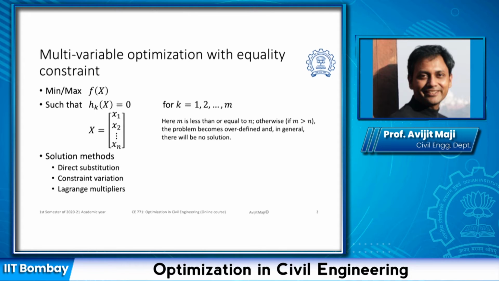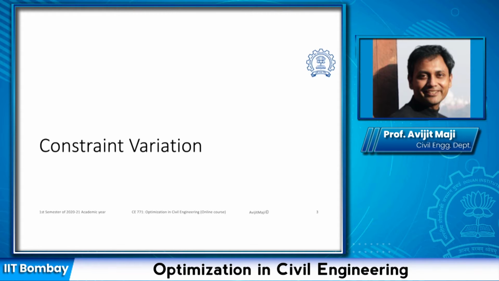And we had also indicated that the various solution methods that we are going to discuss are the direct substitution method, constraint variation method, and Lagrange multipliers method. We had already discussed the direct substitution method in our last class. Today we are going to discuss the constraint variation method.